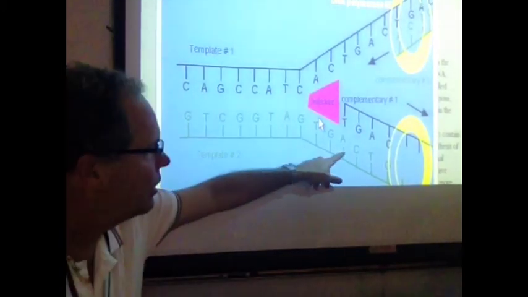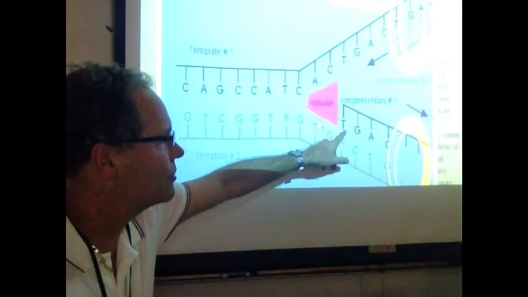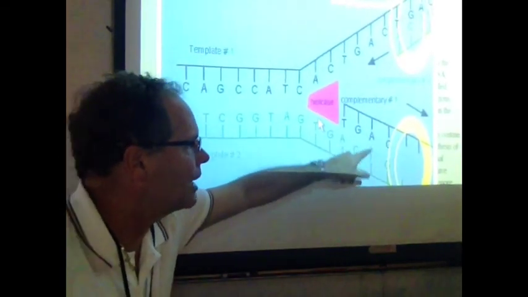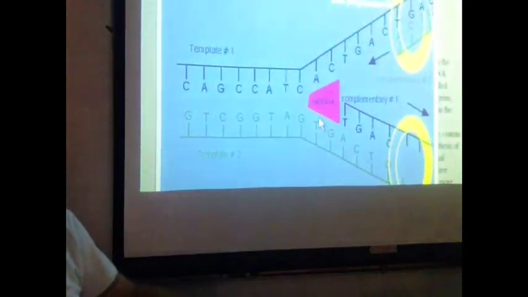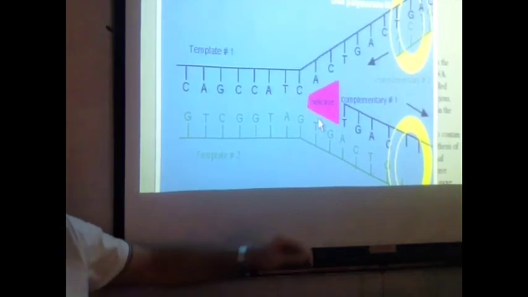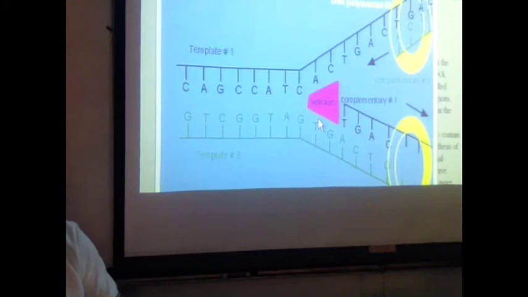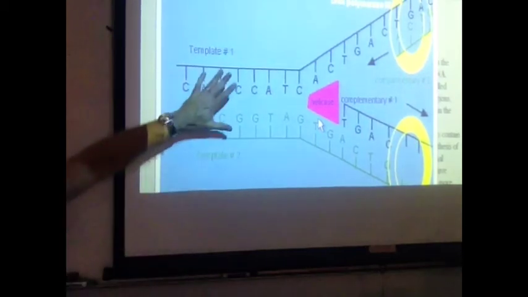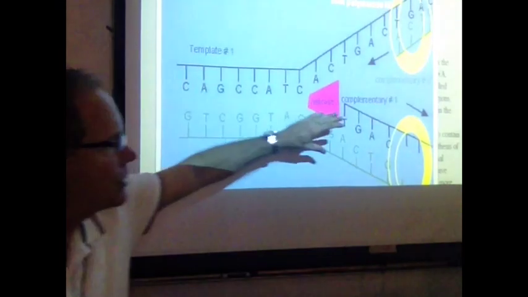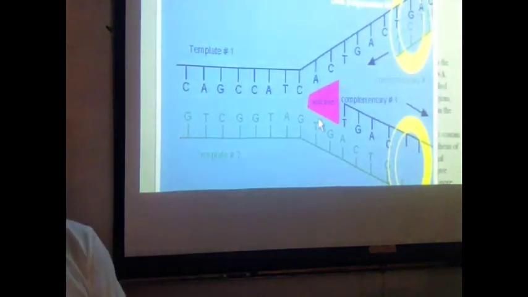So they're not exposed for too long before another enzyme will come along and will bring a nucleotide that has a nitrogen base that is complementary. As you can see, it matches right on up. The enzyme is called the DNA polymerase. And there we got DNA polymerase up there. And this replication process makes from one DNA strand into two identical DNA strands as the helicase unzips the entire 6 foot or so length.